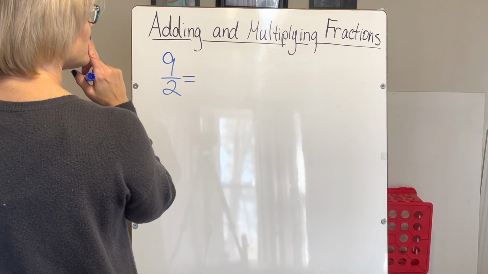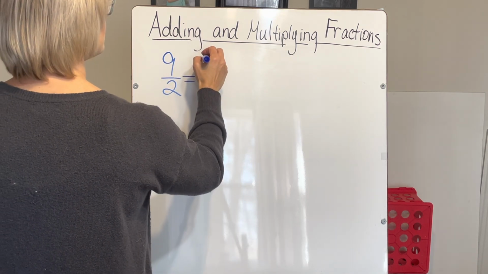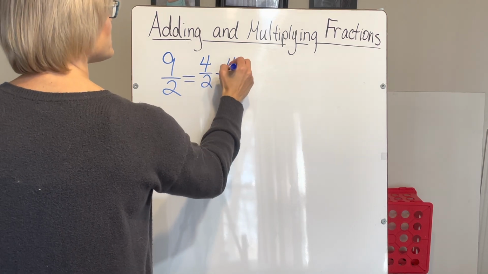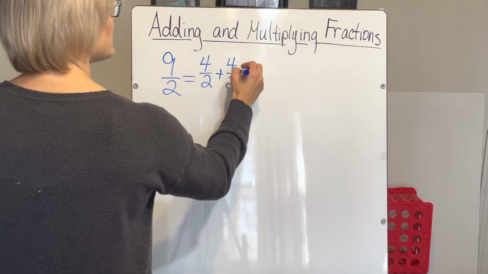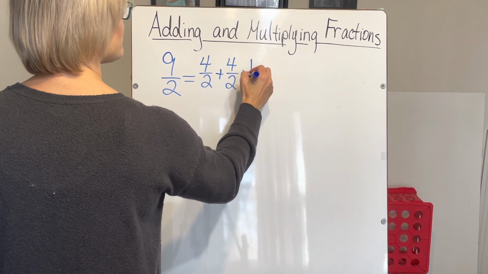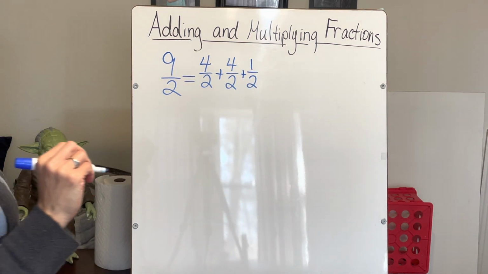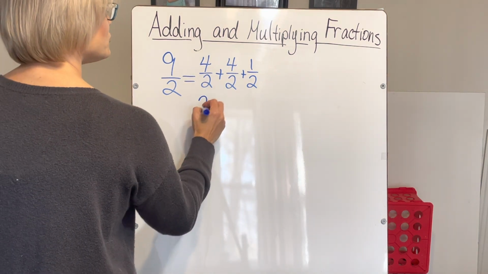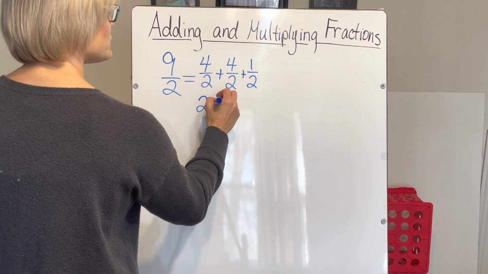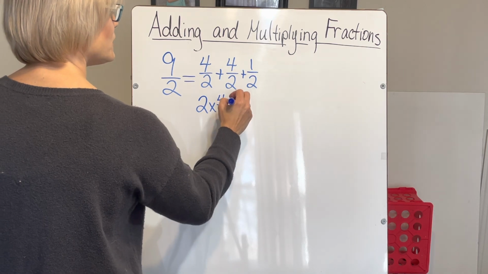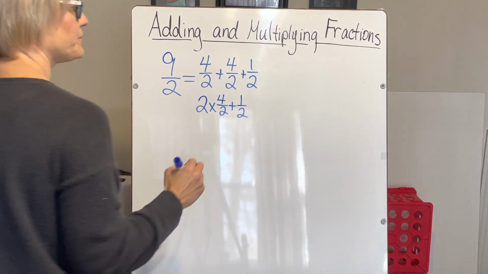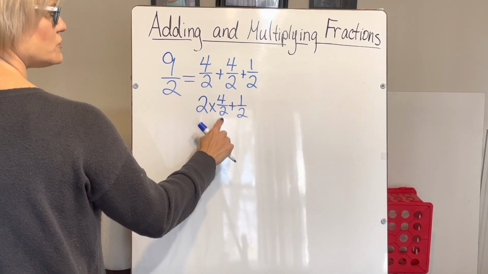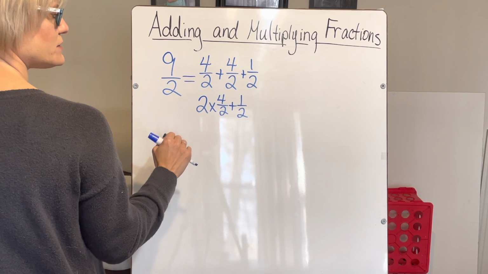And I could do 4 halves plus 4 halves plus 1 half. All right, so I've got 2 of these, so I can do 2 times 4 halves plus 1 half. So I'm showing 2 of these, 2 times 4 halves plus 1 half.